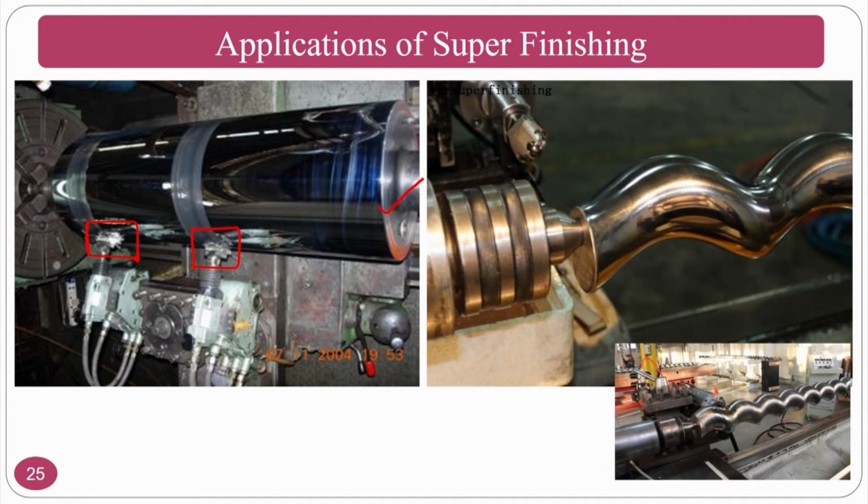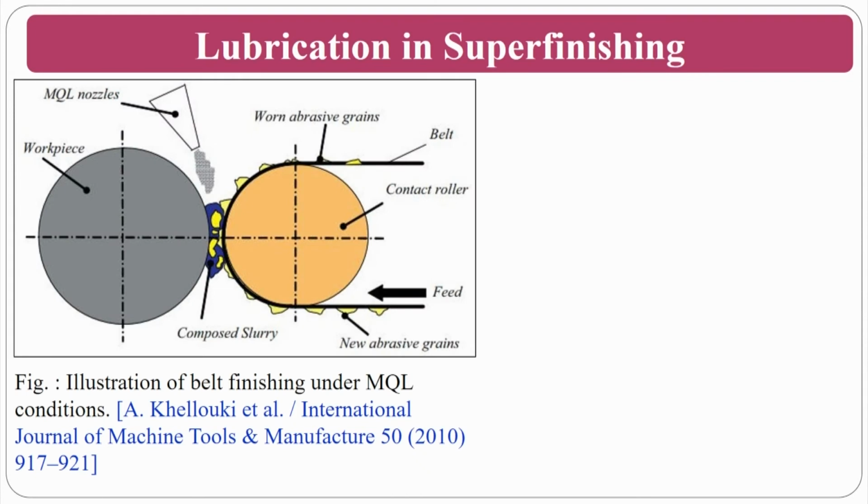You can also go for irregular shapes. This is the overview. The bottom one is just an overview wherein if you see a particular portion, you can see here. So this is how a mirror-like surface finish you can achieve in the super finishing operation.